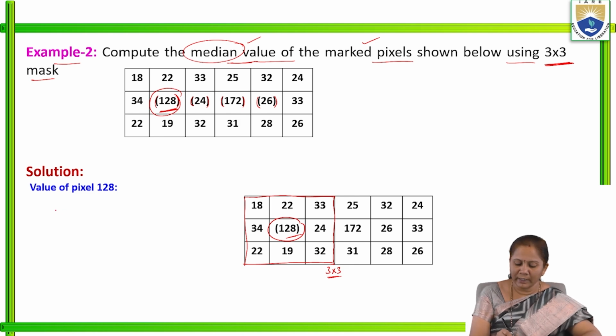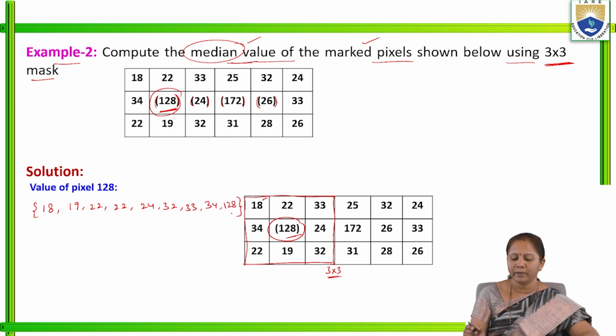in ascending order. If you write, we will get 18, 19, 22, 22, 24, 32, 33, 34 and 128.